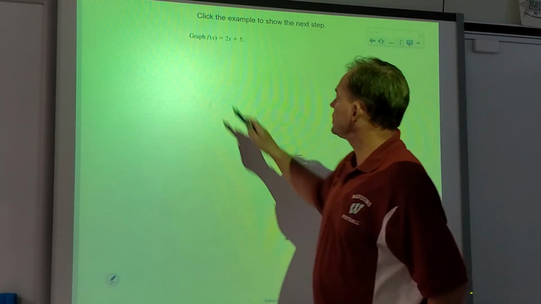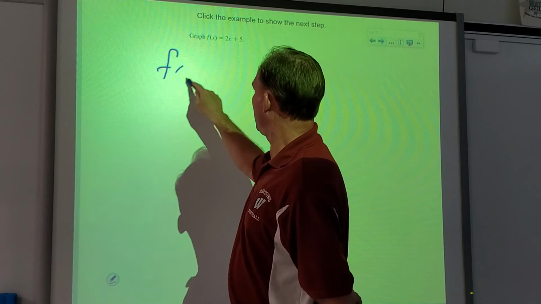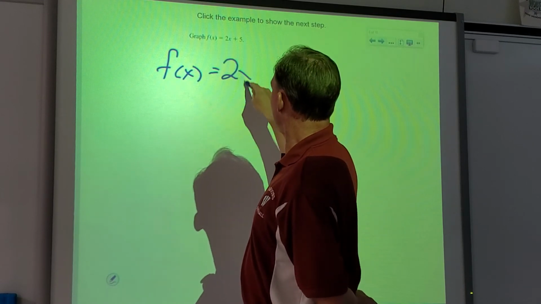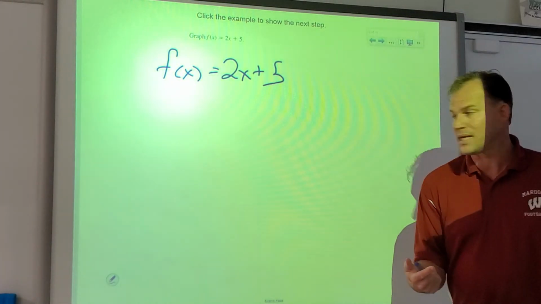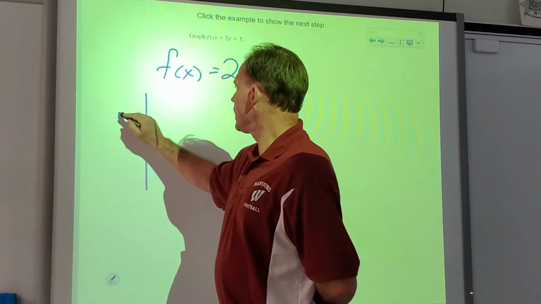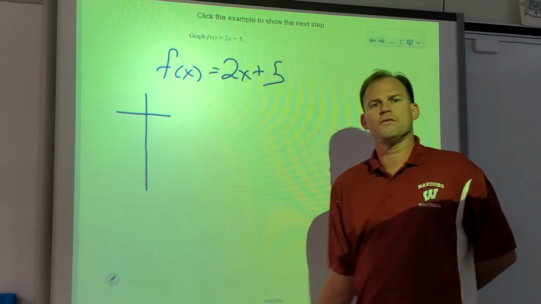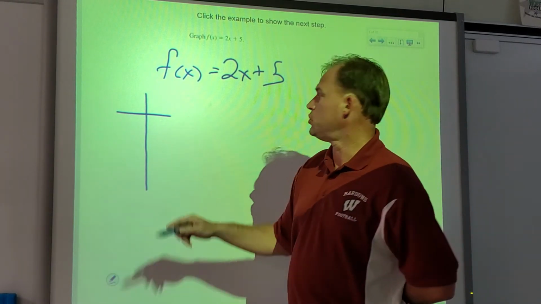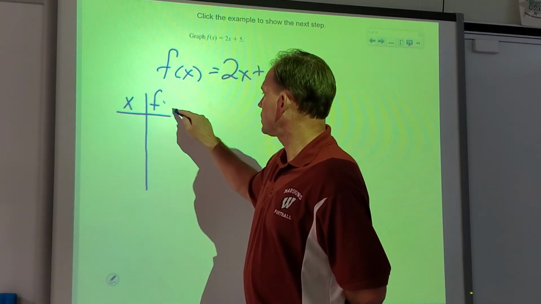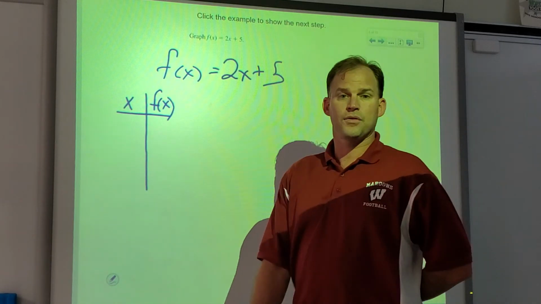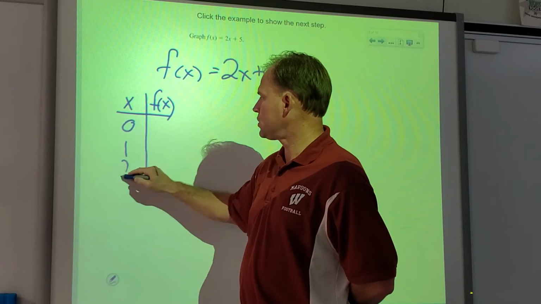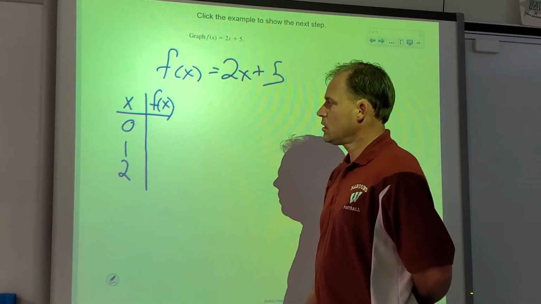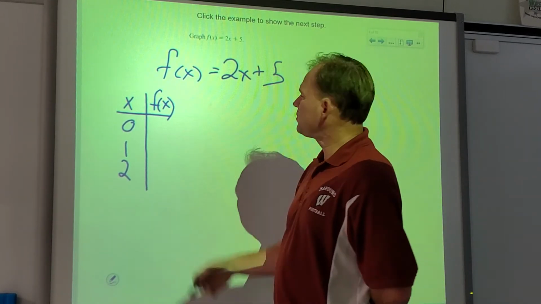Graph. So this says graph f of x equals 2x plus 5. So again, I'm going to go with that table here. When I just tell you to graph and I don't give you a domain, you can pick any numbers you want for x. Me, I'll keep things simple. I'm going to go 0, 1, 2. Sometimes you grab a -1, but I'm just going to go 0, 1, 2.